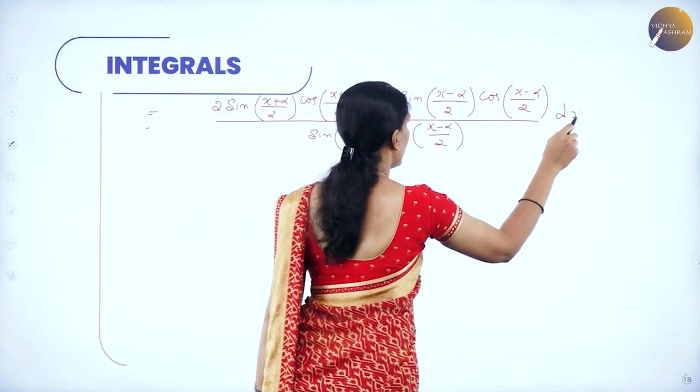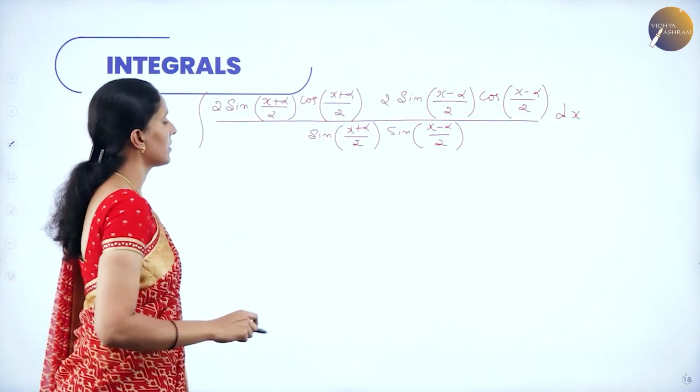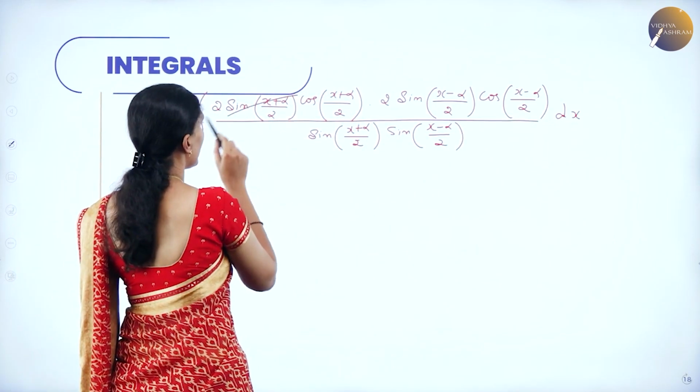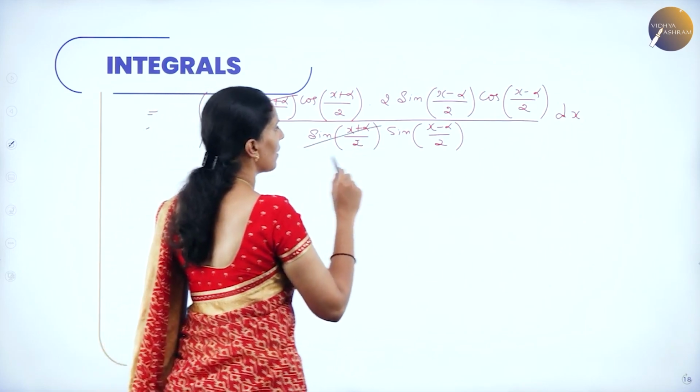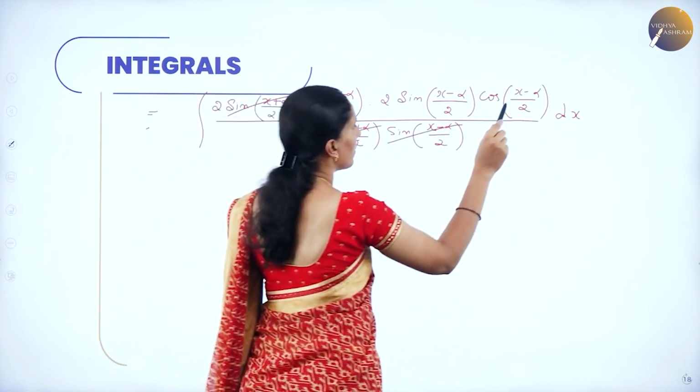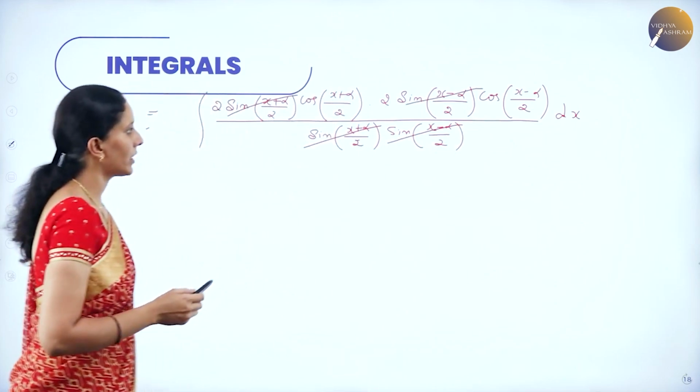So with respect to dx, we are going to integrate it. So we can clearly see sin (x plus alpha) by 2 and sin (x minus alpha) by 2 get cancelled.